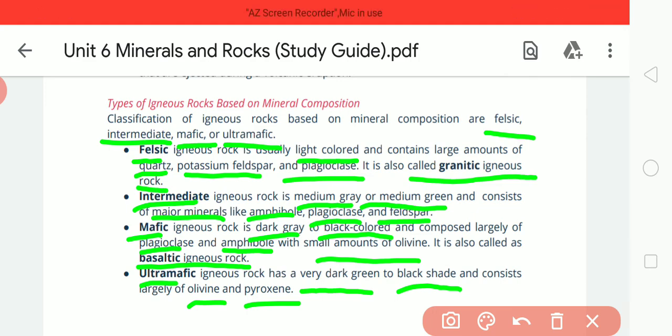Mafic has a dark gray to black color. Same also goes with ultramafic, whose minerals have a very dark green to black shade. So it is easier to remember the characteristic colors that this classification has.